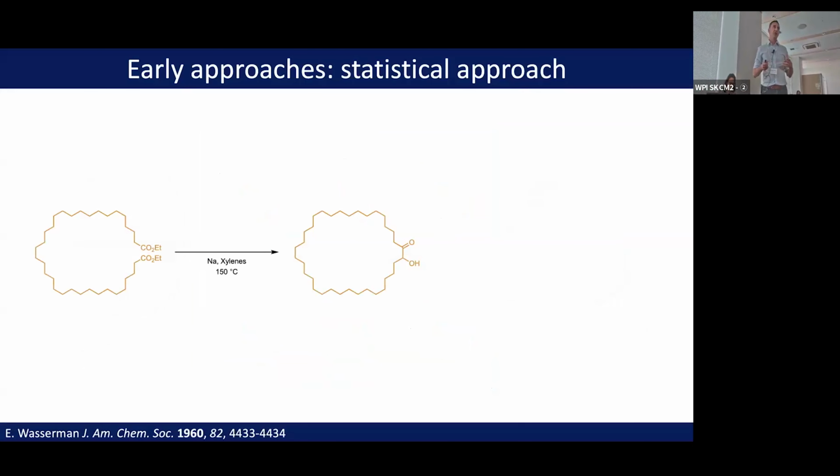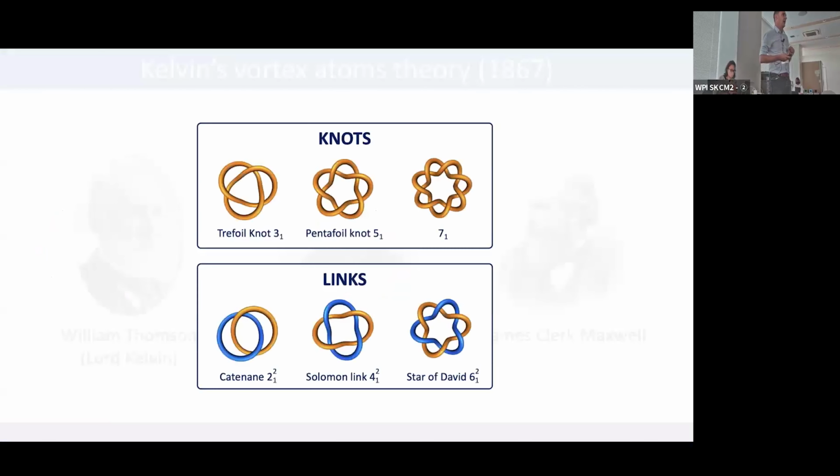As I mentioned, the chemists started to approach this question by trying to synthesize what they thought would be the simplest topologically complex molecule, which is the simple catenane. Because in everybody's mind, and I guess it makes sense, there is a correlation with the idea that the more crossings you have, the more complex is your molecule, and the more difficult will be the synthesis.